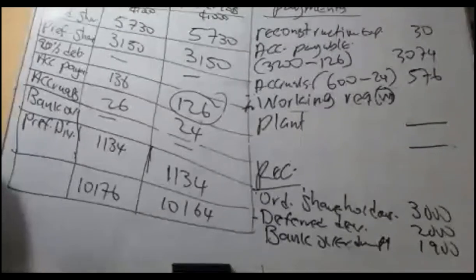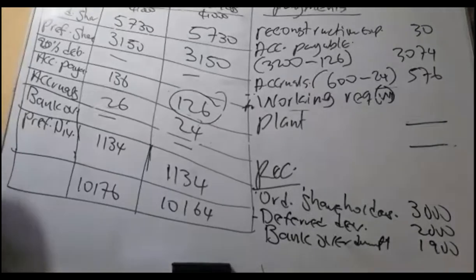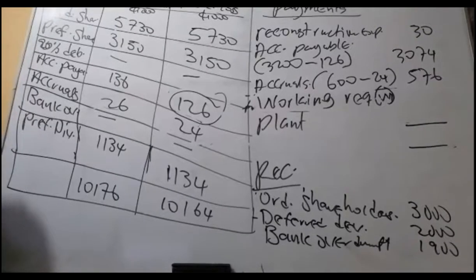Yes. Preference shareholders, they should bring some money. So how much should they bring? These ones are discretionary. So you can select any amount and let them bring it, then you put them together.